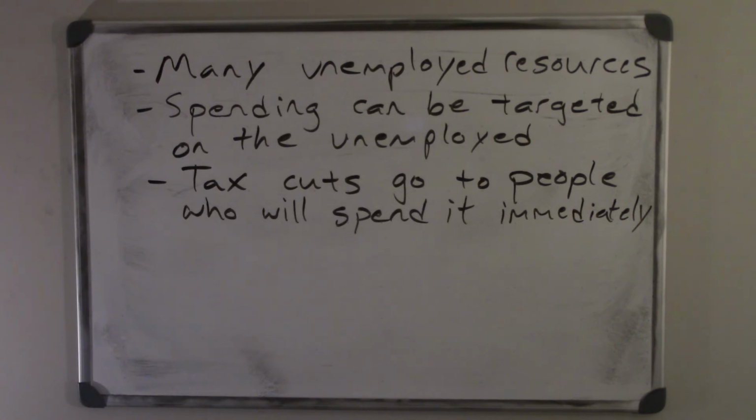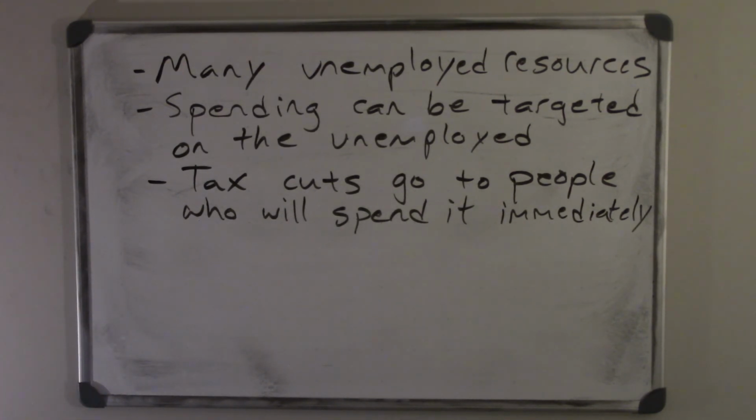So if you're going to be using tax cuts, you want to give tax cuts to people that are going to spend that money on goods and services right away. You don't want to give them to people that are just going to potentially put that extra money in the bank and not actually spend it.